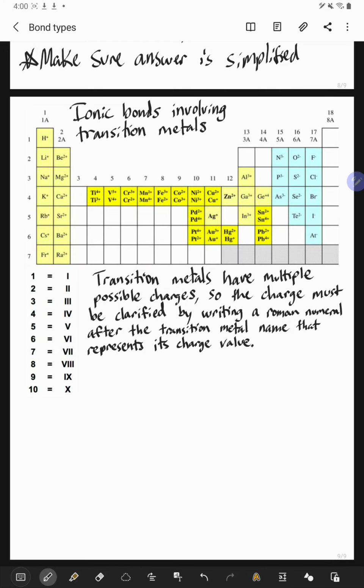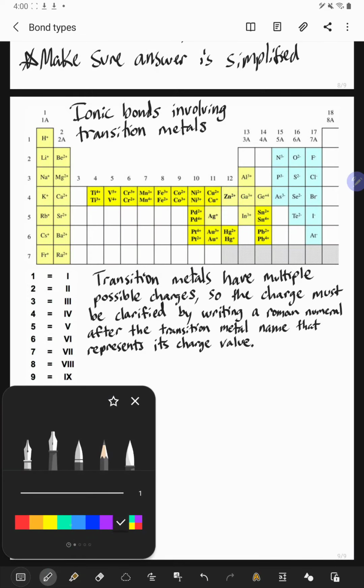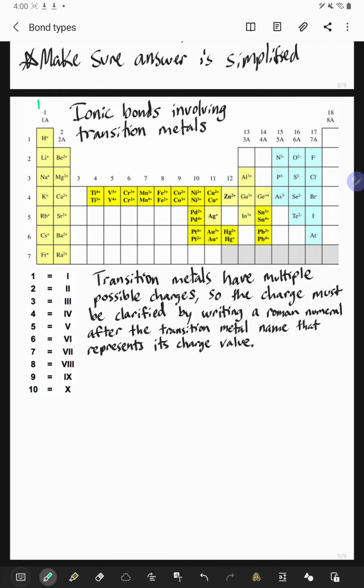We learned in prior videos that we can predict an element's charge by looking at what column it is under. So the first column can form a positive 1 charge, second column positive 2, third column positive 3, no charges here, and then -3, -2, -1, no charges.